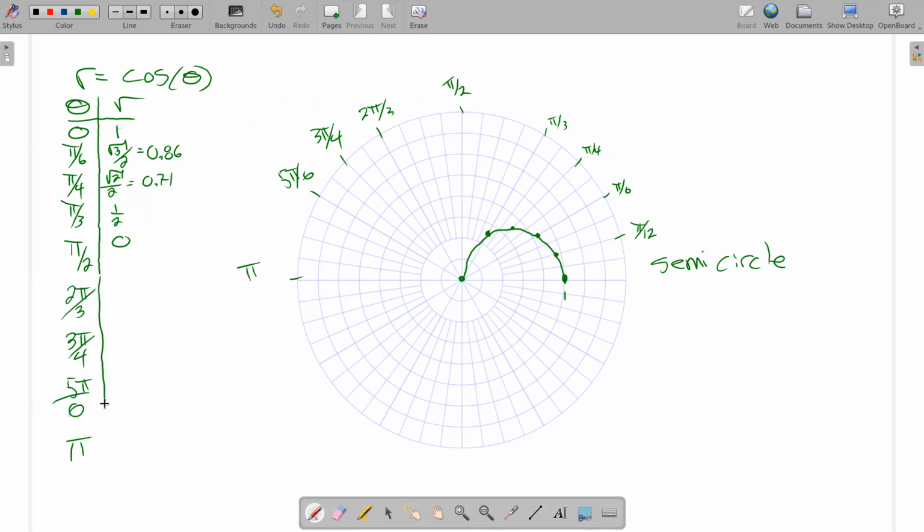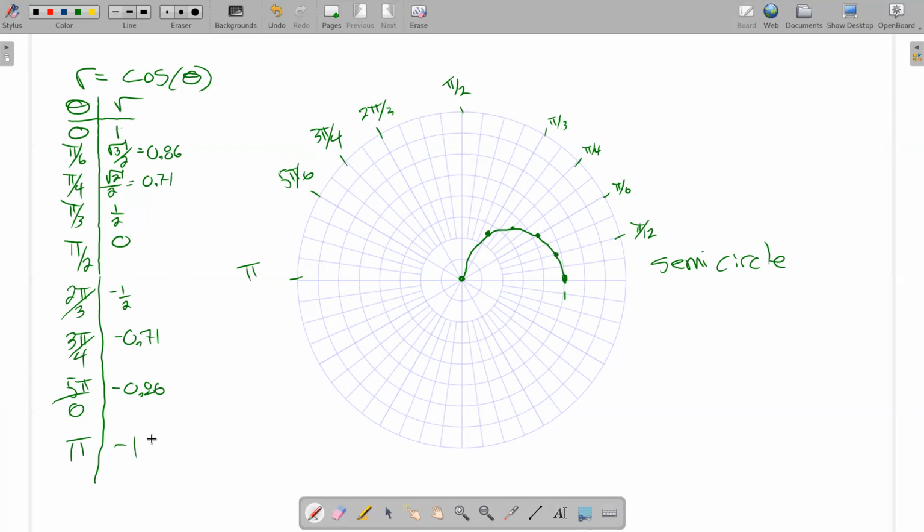What's the cosine of each of those? Cosine of 2 pi over 3 is going to be -1/2. And then 3 pi over 4 is negative square root of 2 over 2, or about -0.7-ish. 5 pi over 6 is just going to be the opposite of that up there, so about -0.86. And then at pi, it's going to be -1.